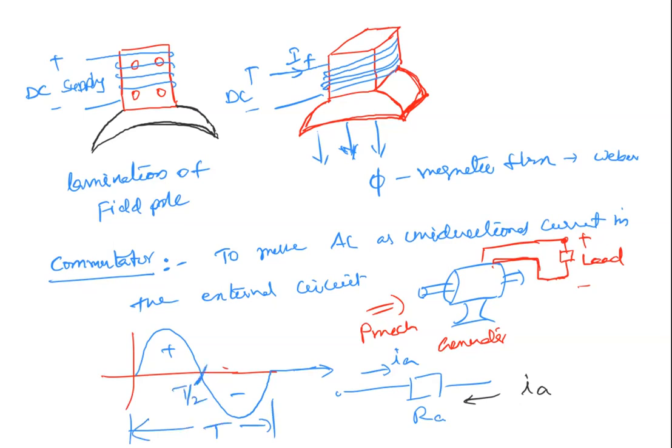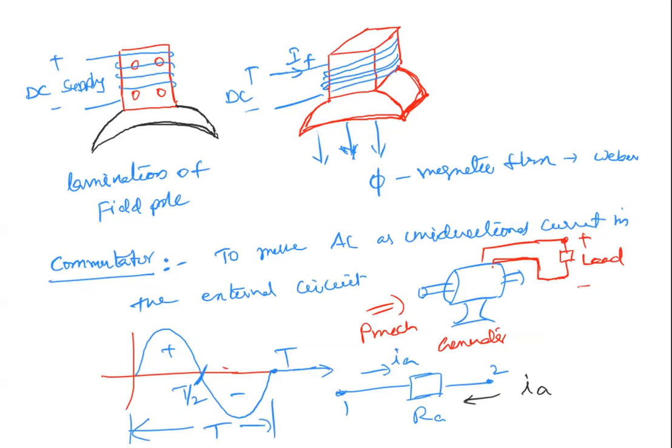For 0 to T by 2, current flows from terminal 1 to terminal 2. From T by 2 up to T, the current will be flowing in the reverse direction, right?